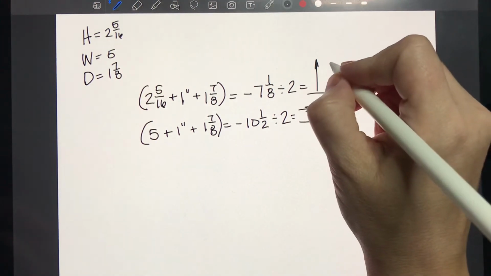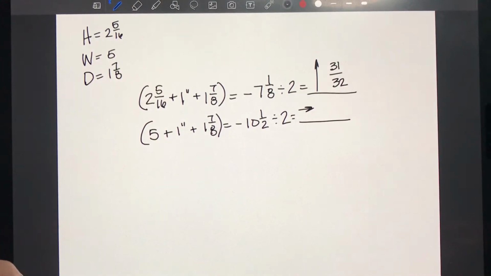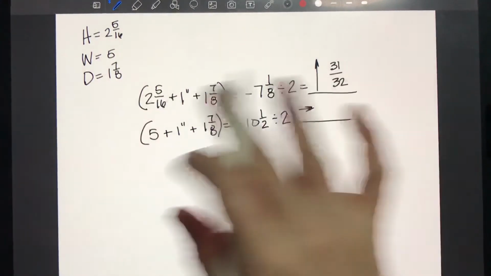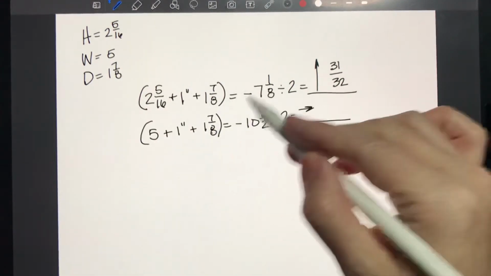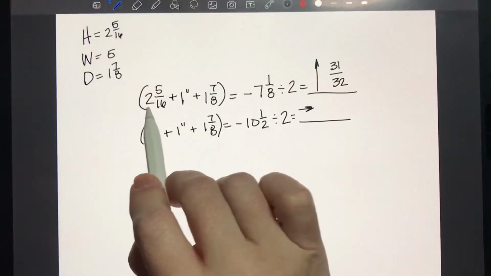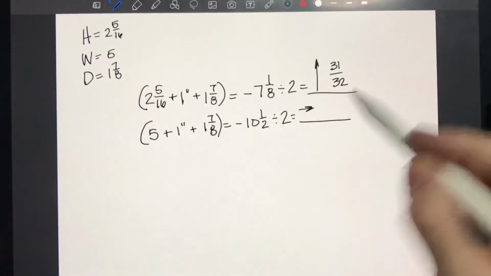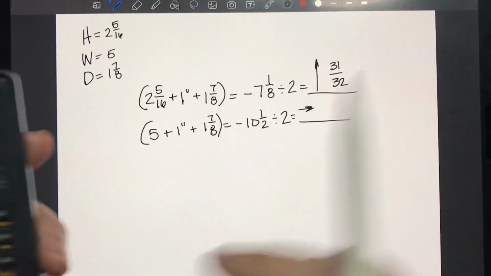So our up offset is 31/32. I recommend you write this out somehow. You don't necessarily have to write all this as long as you can remember it. I have kids that just write this part and an up arrow, this part and a side arrow, just so they can keep them straight.